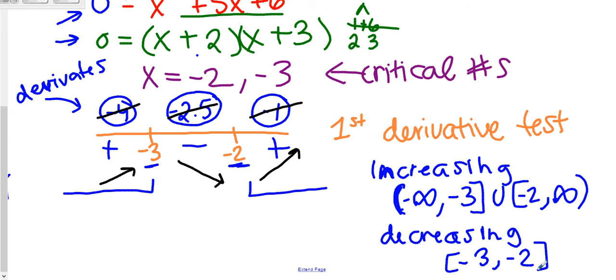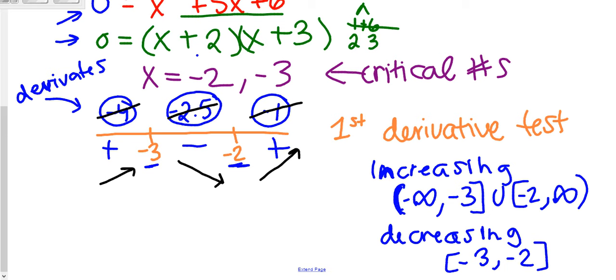So I have now answered what are my critical numbers, where is it increasing and decreasing. Now I need to find the extrema. To find the extrema, I am going to use what I have found so far. So I don't need these lines. Extrema happens where the signs in the derivative changes.